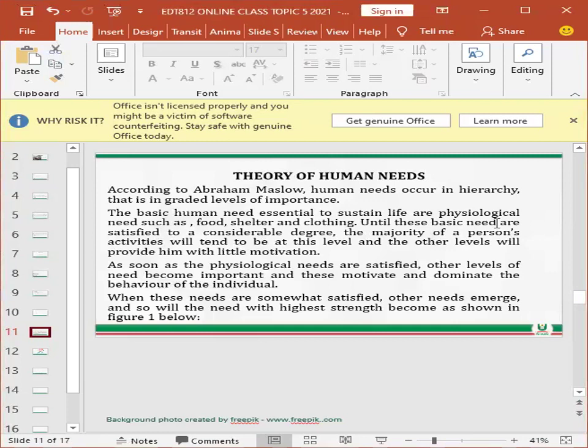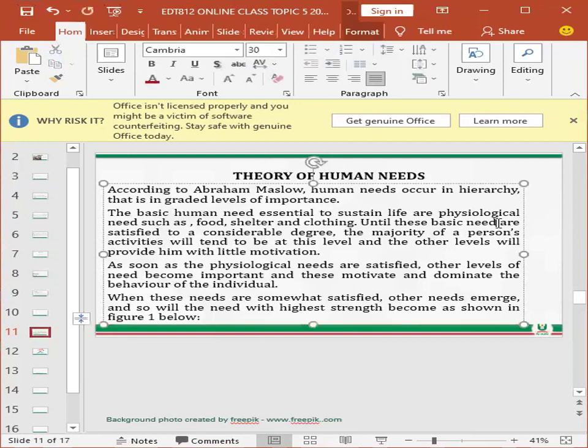One has to do with food, shelter, and also clothing. These are the three basic human needs. As soon as physiological needs are satisfied, other levels of need become important, and these motivate and dominate the behavior of the individual.